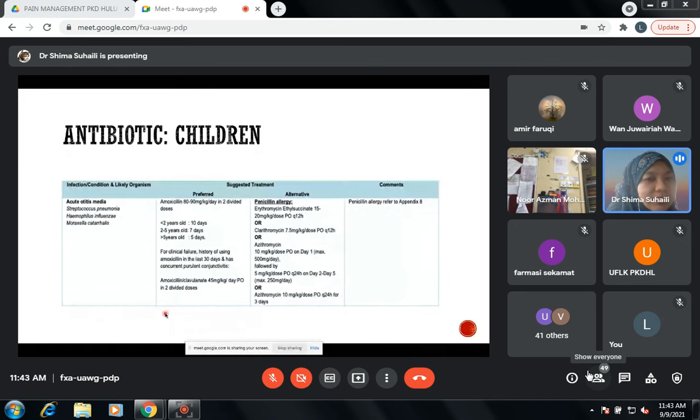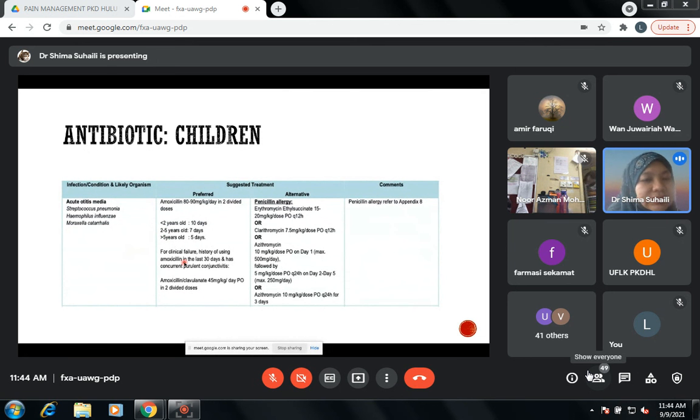Okay. So what are the antibiotics in the children? With relevance to the Streptococcus infection and Haemophilus influenzae, the first line of treatment is amoxicillin. Okay, this is from the National Antibiotic Guideline, Malaysian NAG. We can give 80 to 90 milligram per kg per day in 2 divided doses. Okay, for child less than 2 years old, you should give for 10 days duration. 2 to 5 years old, you have to give for 7 days. And for more than 5 years old, you have to give for 5 days.